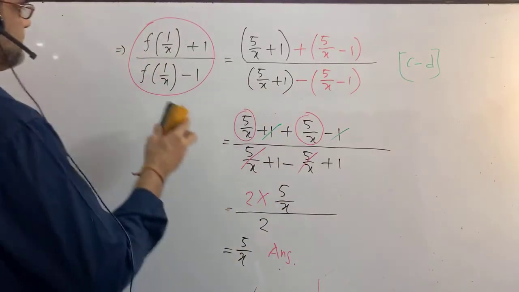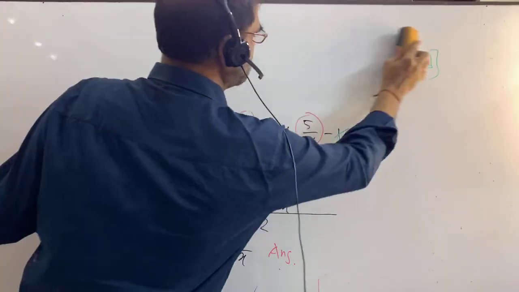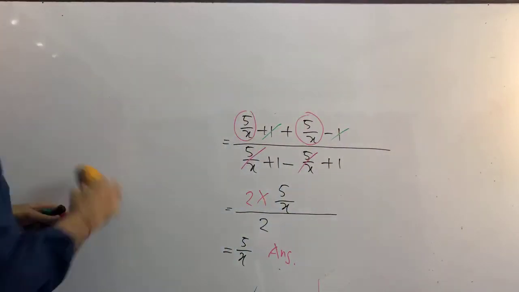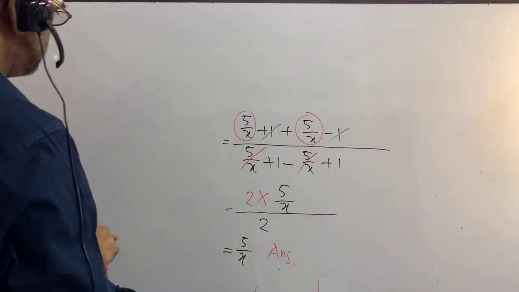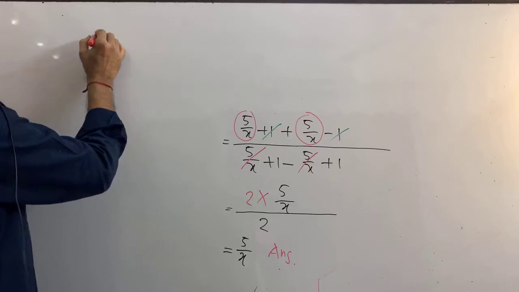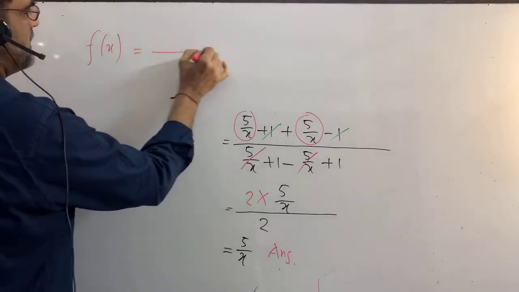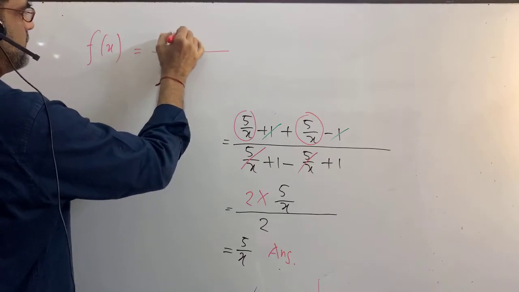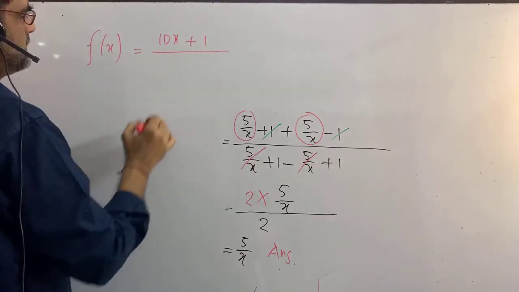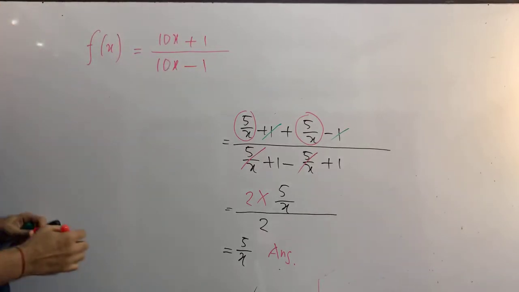Now the math can be given like this. You see, suppose f of x is equal to 10x plus 1 by 10x minus 1, right?